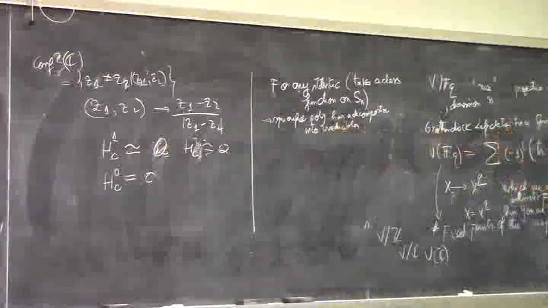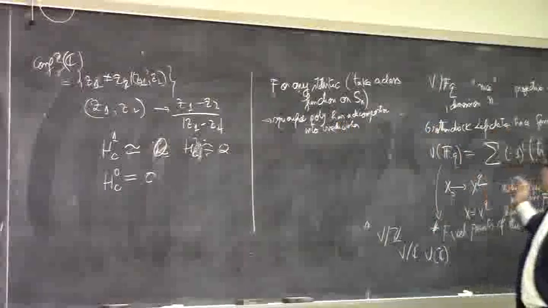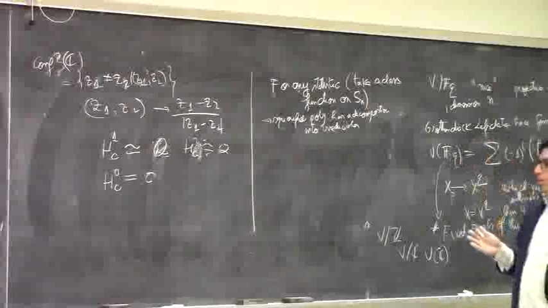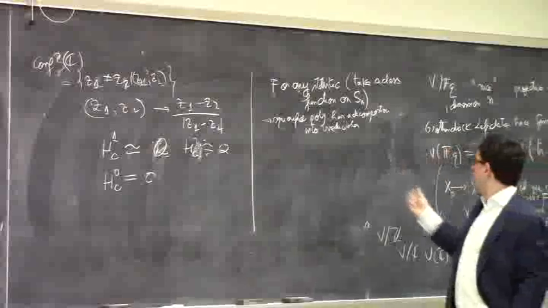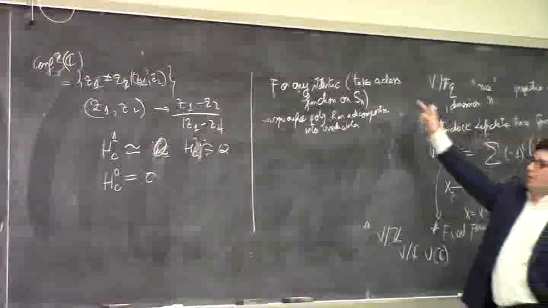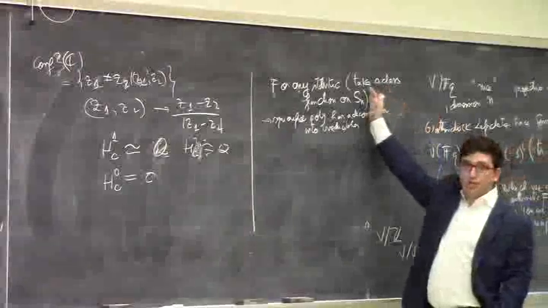That's how you cook up a class function. You get a formula very similar to this, except you have a hyperplane arrangement, so the weights are fine. What you end up computing is the pairing of the singular cohomology with this class function, so you just compute some inner products which are representation theoretic.